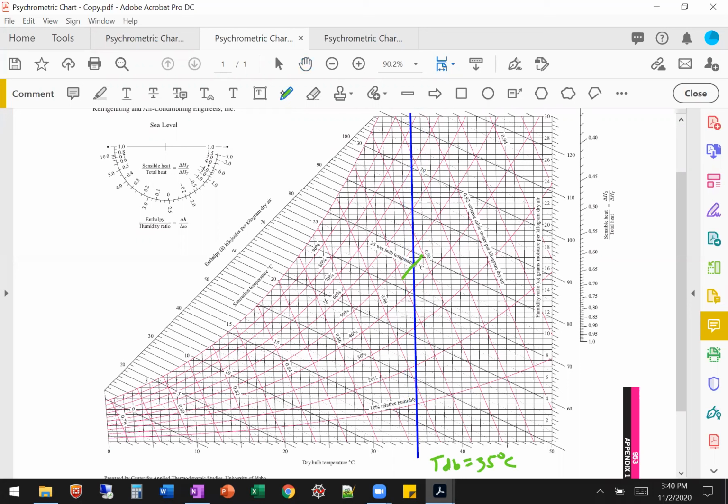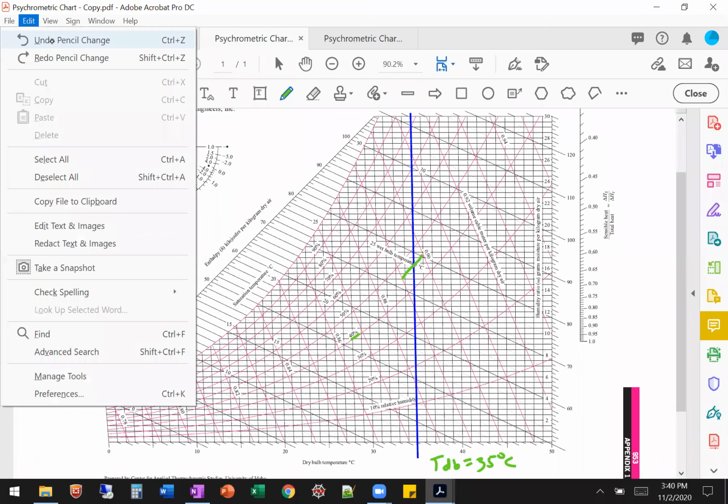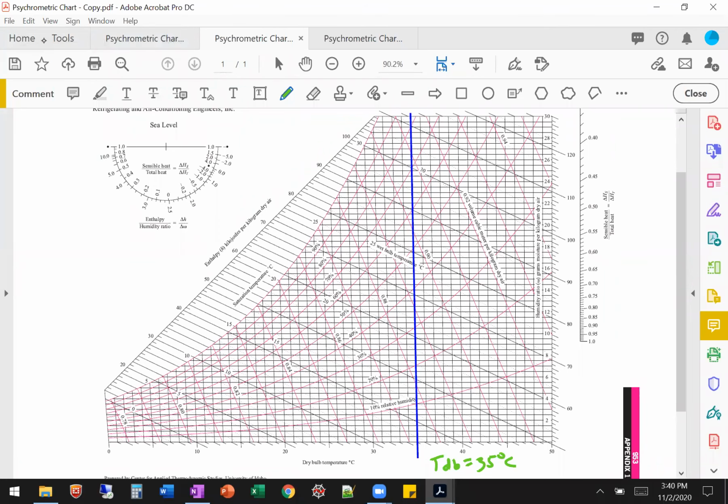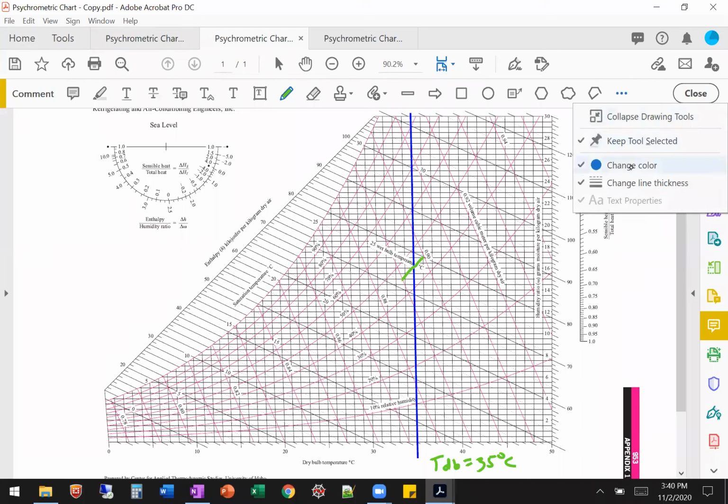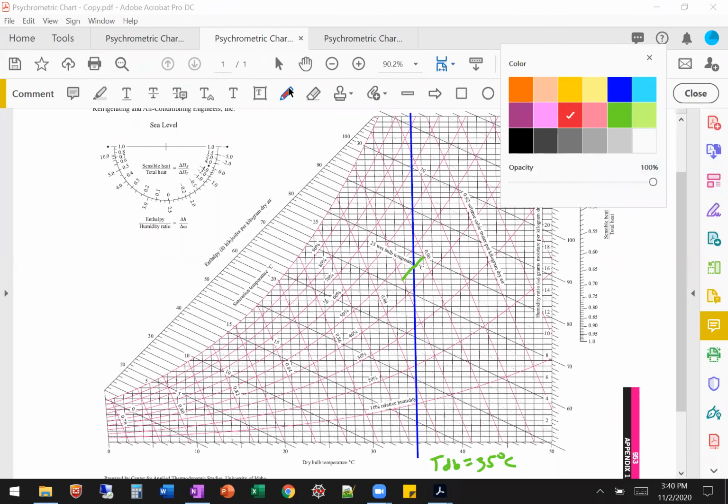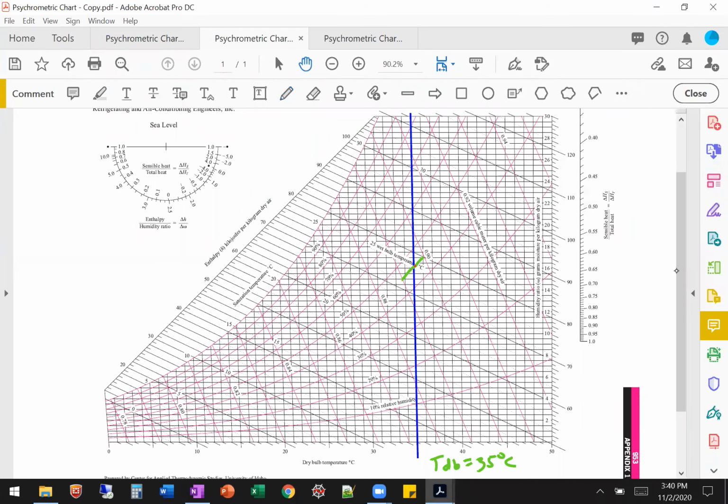Right about there is 45%, because here's 40, here's 50. Okay, so let's see if I can make a better line here. So there's our point.